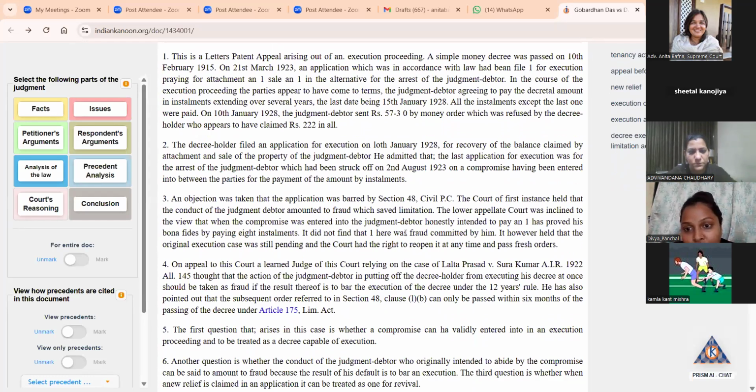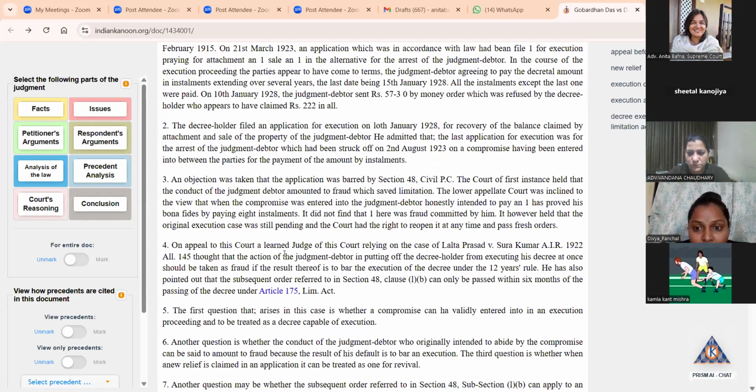The Court of First Instance held that the conduct of the judgment debtor amounted to fraud, which saved limitation. The lower appellate court was inclined to the view that when the compromise was entered into, the judgment debtor honestly intended to pay, and had proved his bona fides by paying 8 installments. It did not find that any fraud was committed by him.